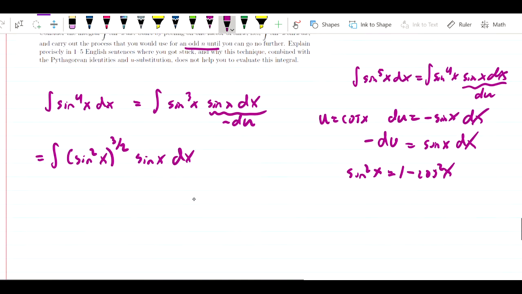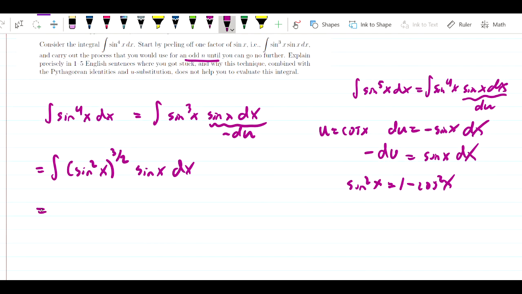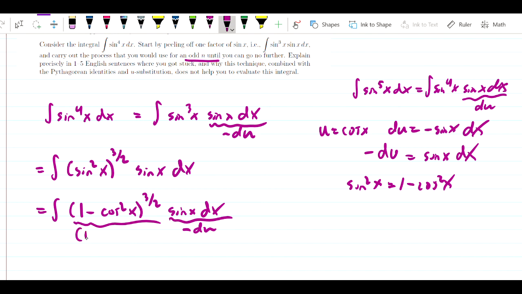and this is going to be then the integral of 1 minus cosine squared x to the 3 halves sine x dx. So now this is going to be negative du, and then this is going to be 1 minus u squared to the 3 halves.